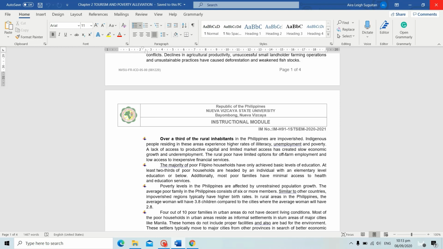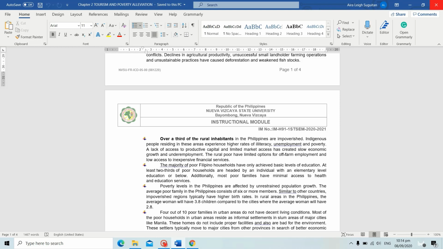So, kaya nga lagi nating naririnig na kaya nagpupunta sa Manila, or Metro Manila, yung mga galing probinsya natin because they are actually dreaming of a better life, because in the rural areas, wala masyadong mga investors, meaning wala masyadong mga firm na nangangailangan ng tao.